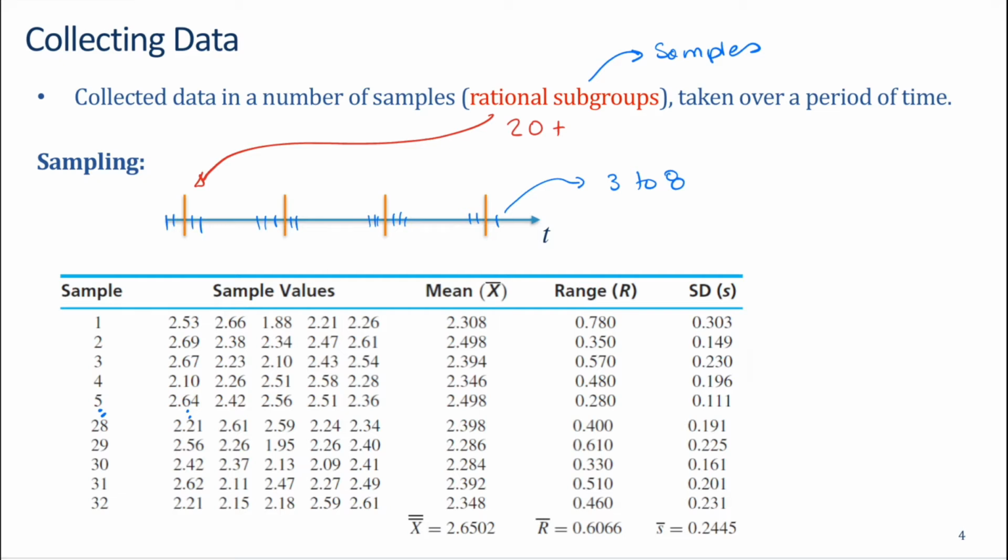In the example that we have, this was the data, and so we have 32 samples. For each sample we compute the mean, the range, and the standard deviation, and then we compute the mean of the samples, X double bar, we compute the mean of the range, and we compute the mean of the standard deviation.